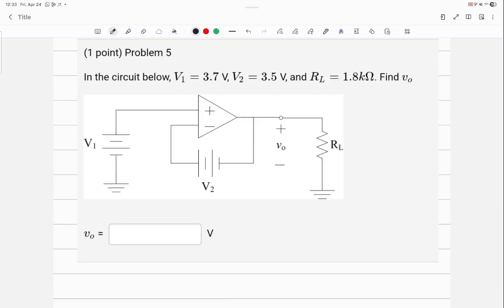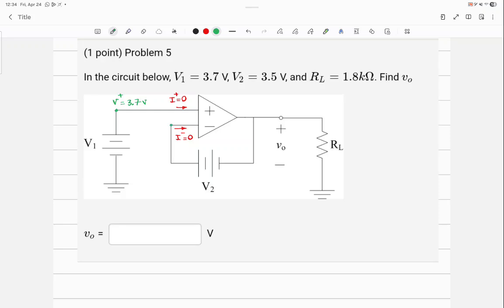William, do the whole thing yourself. I positive and I negative is 0. I positive is 0. I negative is 0. V positive is equal to 3.7.